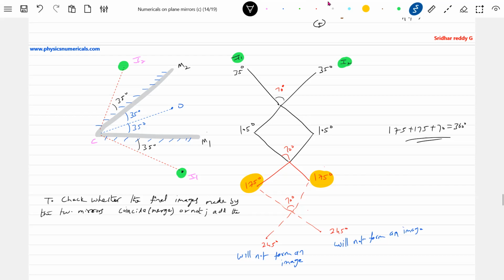Add the last angle. This is the last angle, no?